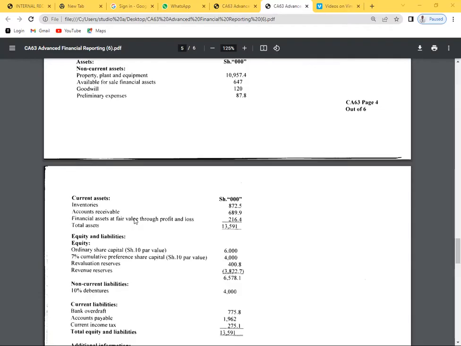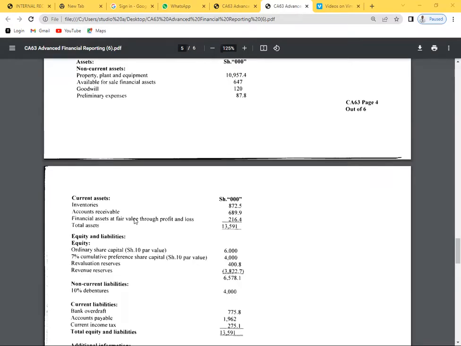After preference share capital, I have revaluation reserves. I'm not writing any figures. Remember, I'm only copying. Then I have revenue reserves.